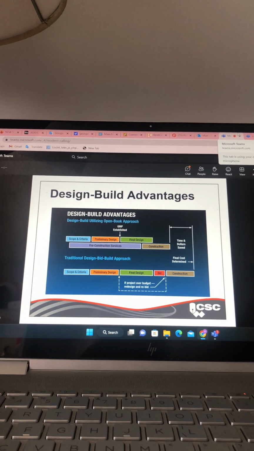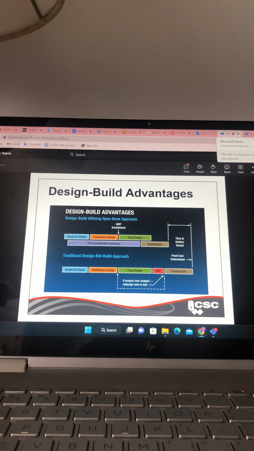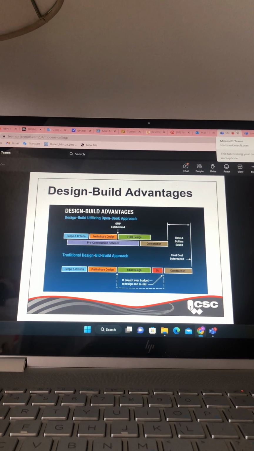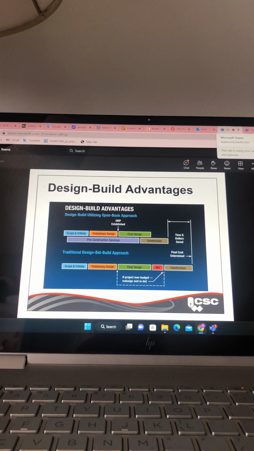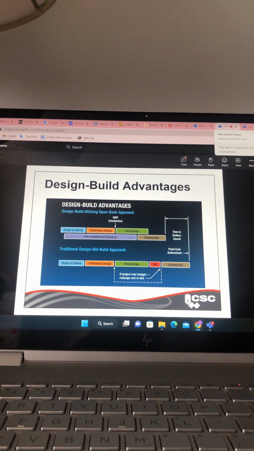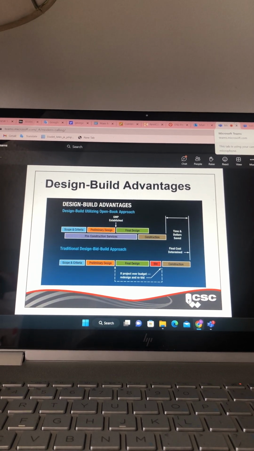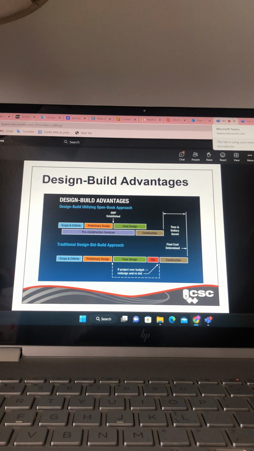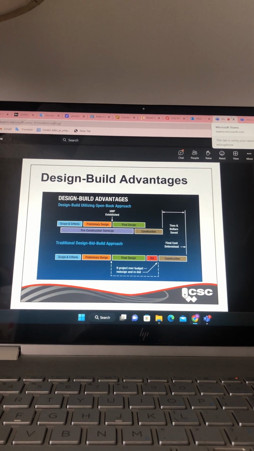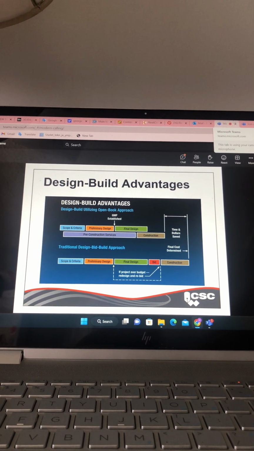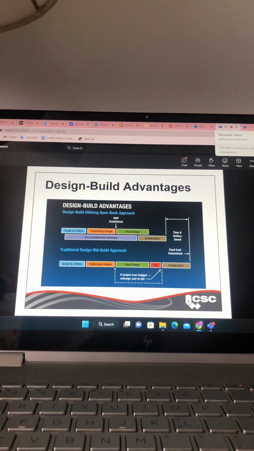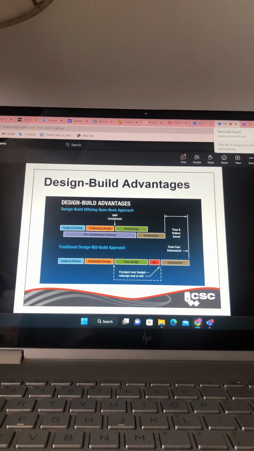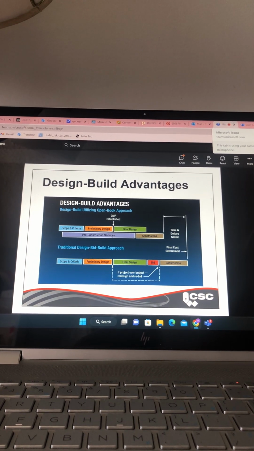Because the final cost is determined here with the GMP, compared to the traditional approach, where the final cost is always determined towards the end of the project. And you can turn around and say, well, hold on a second. Previously, you said to us that the owner knows what the cost of construction is going to be at the onset.